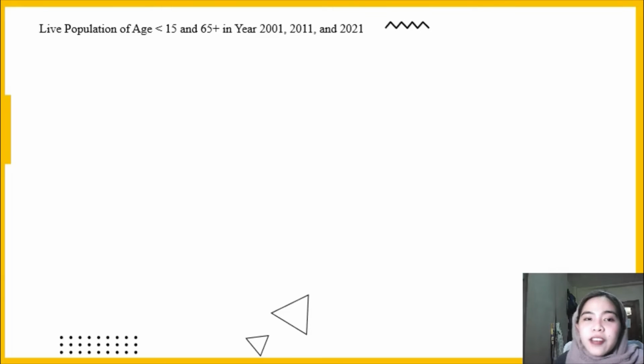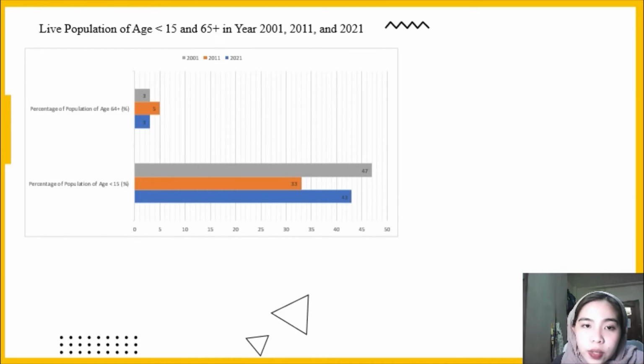So for the population from the age 15 to 65 and above in the years 2001, 2011, and 2021. As you can see, the percentage of the population aged 60 plus in 2001 is 3%, in 2011 is 5%, and in 2021 is 3. So increasing and then decreasing.